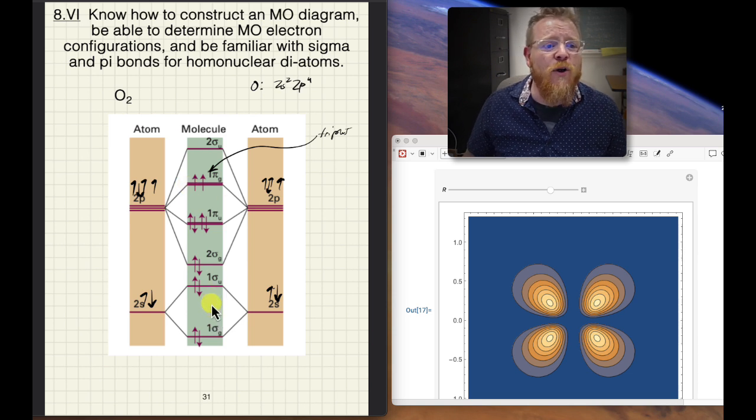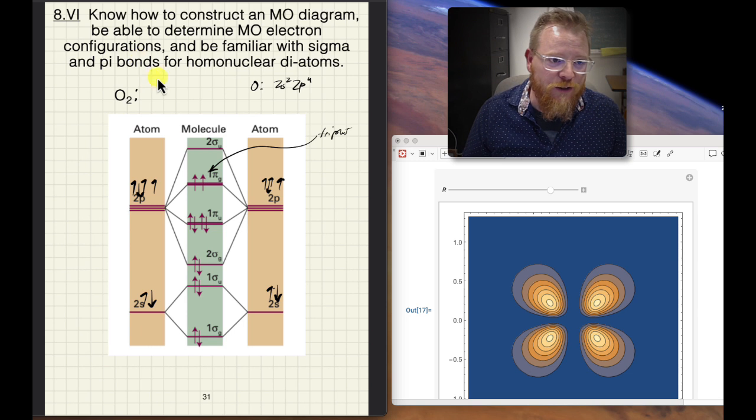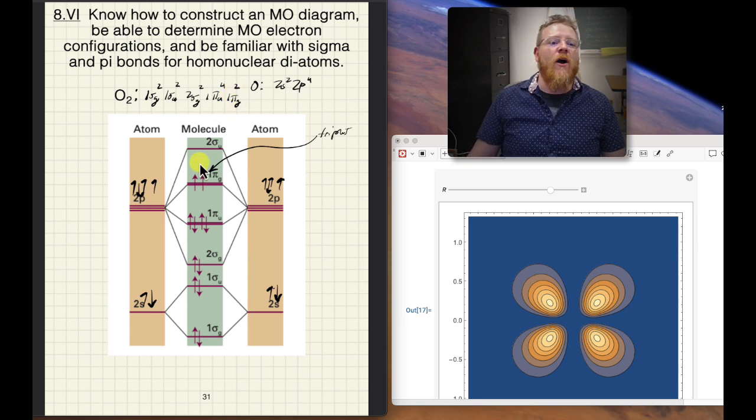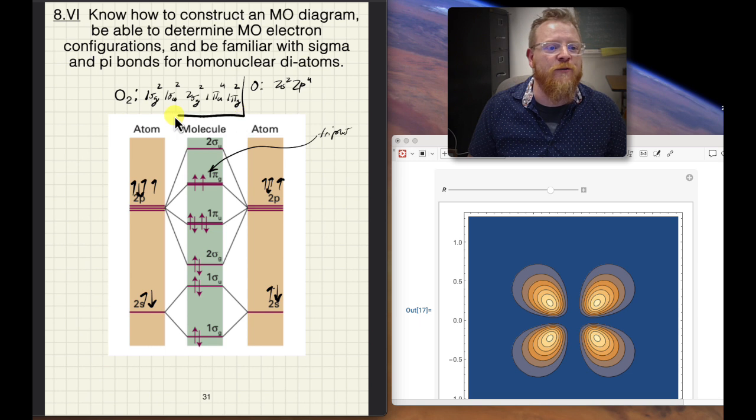As a result, we can write the O2 molecular electron configuration as the following: 1 sigma g2, 1 sigma u2, 2 sigma g2, 1 pi u4, and 1 pi g2 would be our molecular electron configuration.